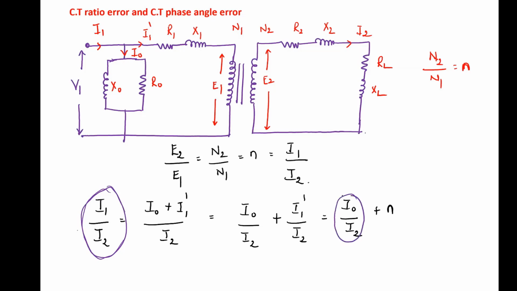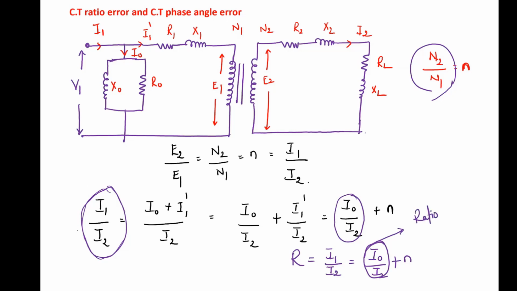So the exact current ratio, let us call this capital R, that is I1 divided by I2, is some small component, I0 divided by I2, plus the nominal ratio value which we have defined here. So this component is causing the ratio error.